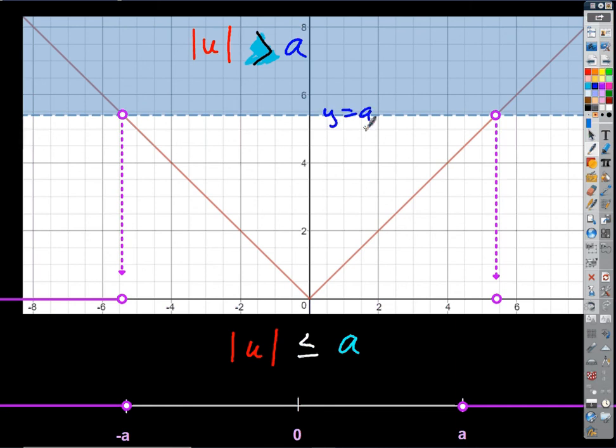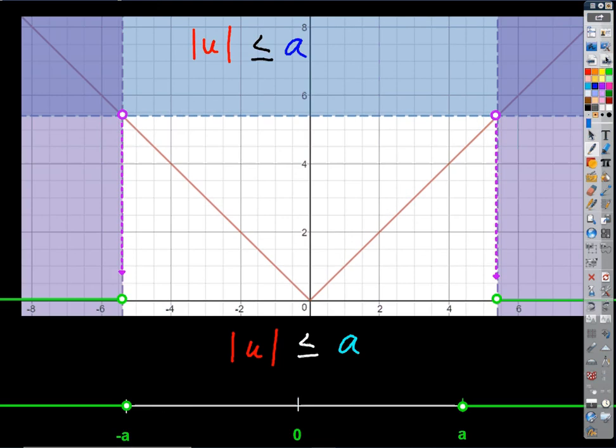So now this is going to be all the stuff that's above the water line, right? Everything that's above that. So we see that if we look at the intersection of the blue half plane and the red absolute value function, it's over there, isn't it? It's going to be to the left of the left boundary or to the right of the right boundary. And so here's our other case, right?